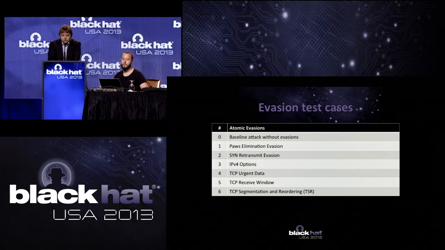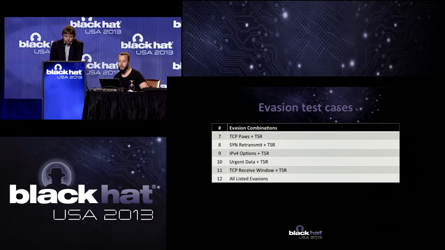We tried just the baseline attack without evasion to make sure that the devices are able to detect and block the attack. And then we tried the paths elimination evasion, and then the TCP retransmit, then IP version 4 options, urgent data, TCP receive windows, and TCP segmentation and reordering. And then we started to do some combination stuff.